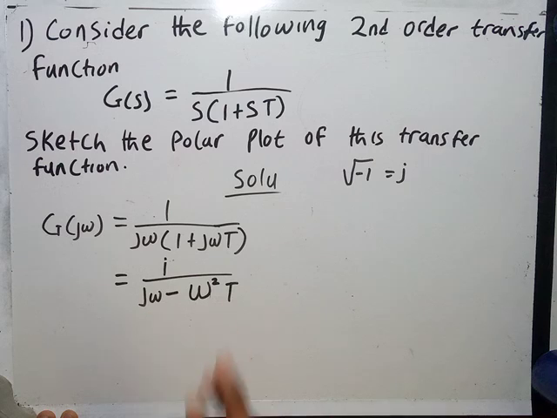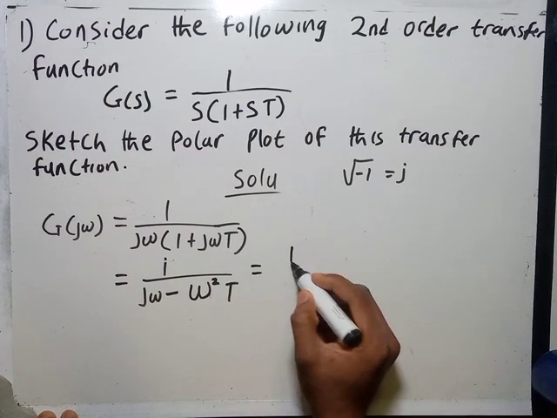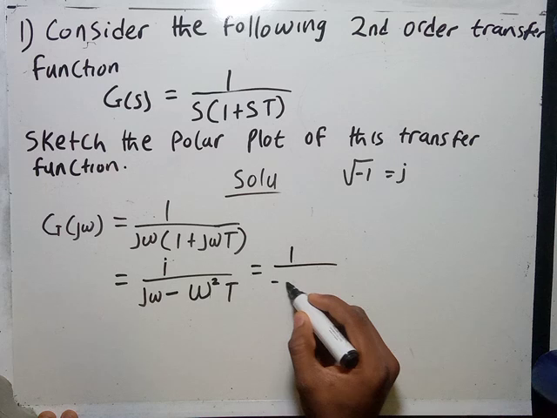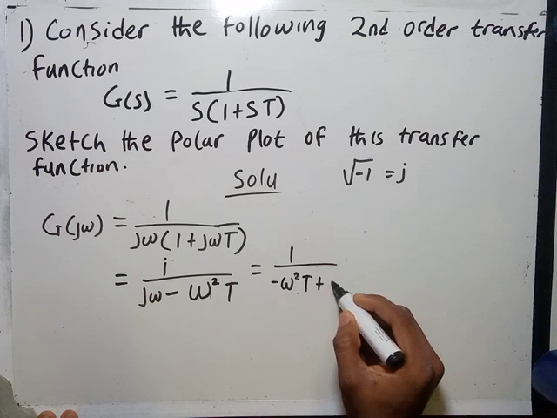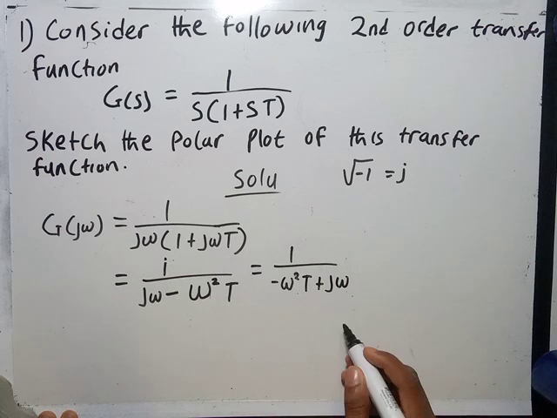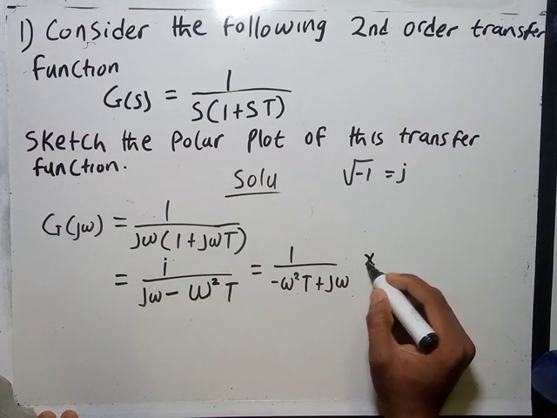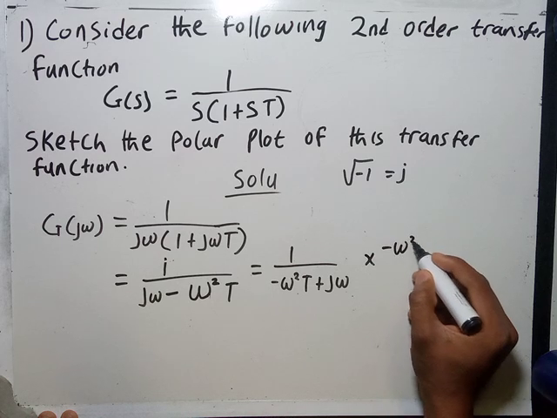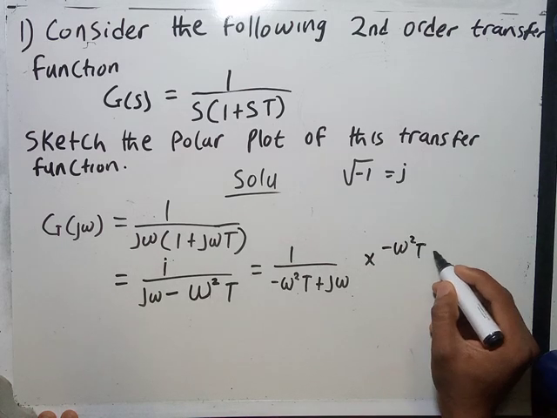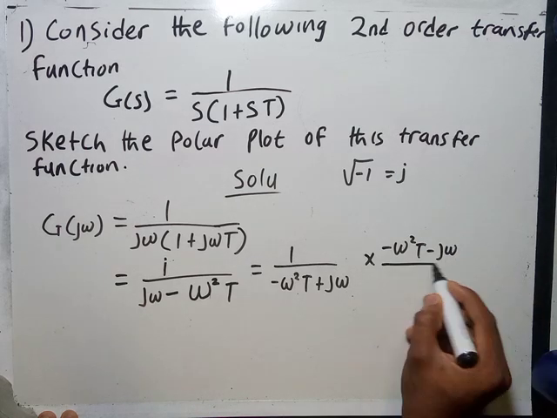So you can still rearrange this or continue solving like this, but let's rearrange it. You can rearrange this to be 1 over minus omega squared t plus j omega, and this is our target. So we'll be conjugating by multiplying the numerator and the denominator by its conjugate.